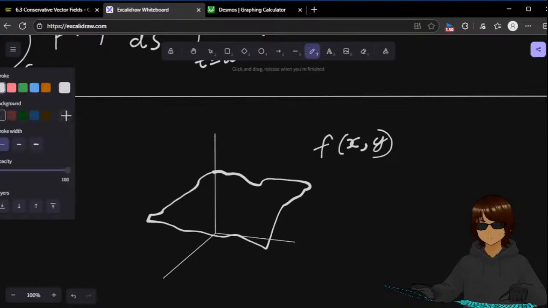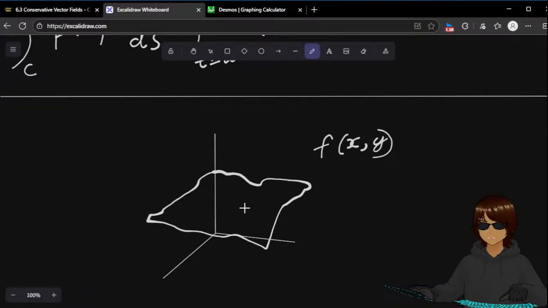So at a particular point, we can find derivatives. Like, let's say one pointing in the x direction, and one pointing in the y direction.